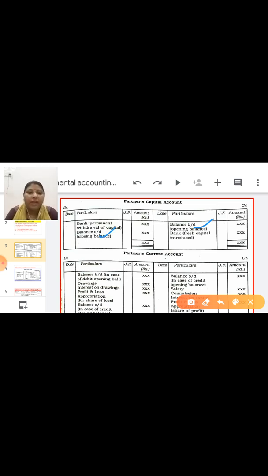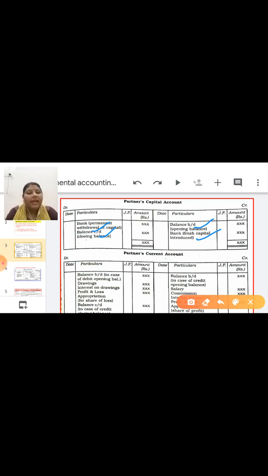And after that, fresh capital introduced: if there is any additional capital introduced, you have to write it on the by side or credit side. If there is any withdrawal from capital, you have to write it on the to side or debit side. After that you have to do the balance and balance c/d will come. This is the partners capital account.